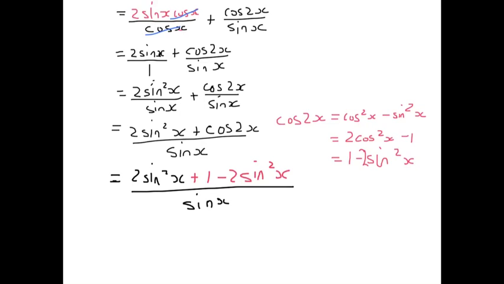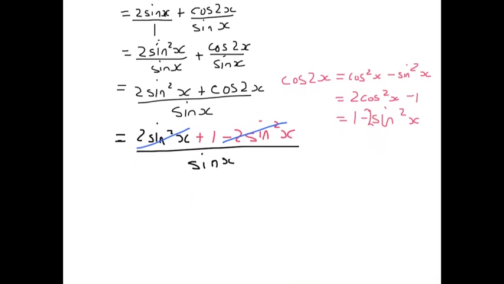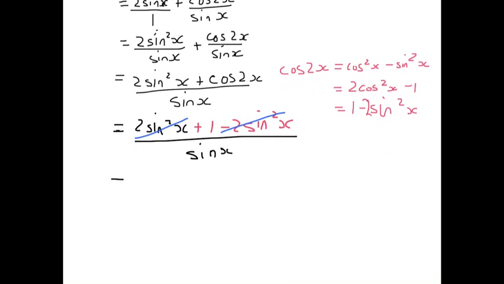Okay, so did that help me? Well, let's see. I've got 2 sine squared x and negative 2 sine squared x. So those are just going to equal 0. Oh, that's good. That took care of a big mess up there. So now that leaves me with 1 over sine x.